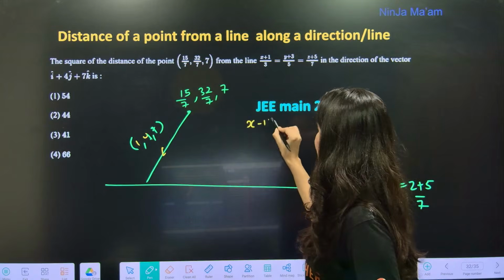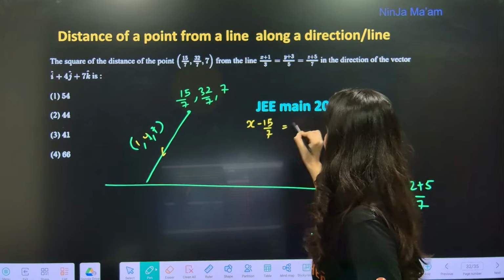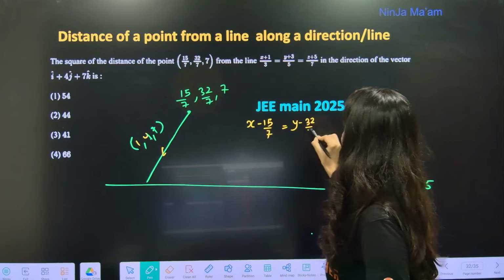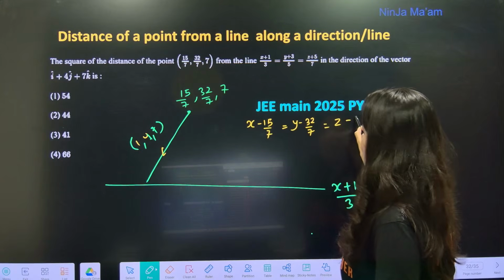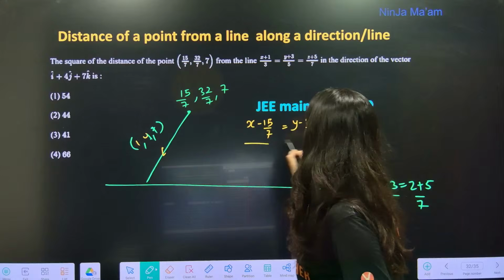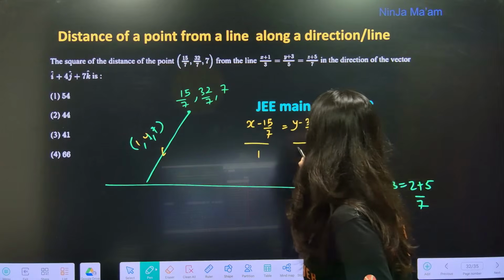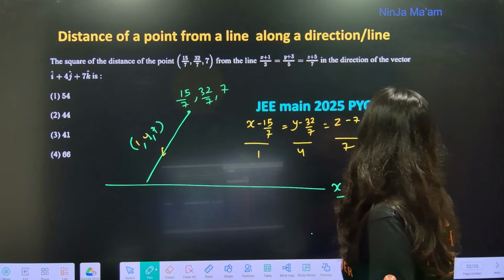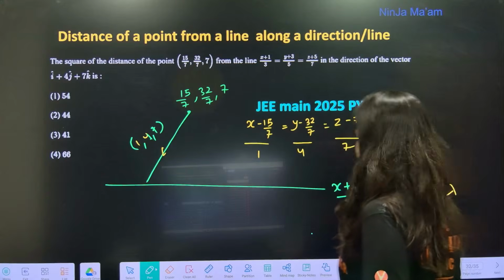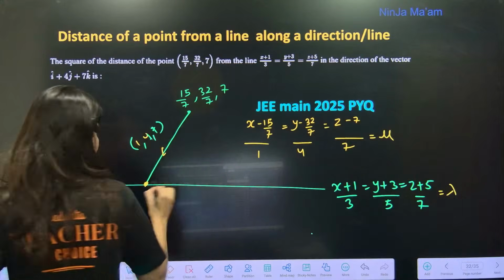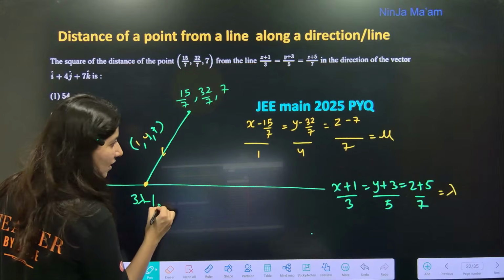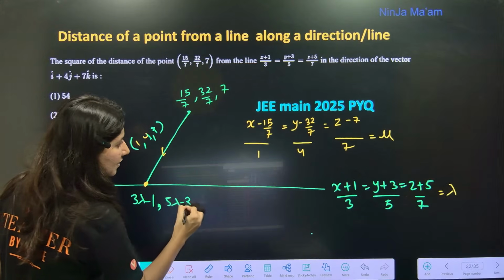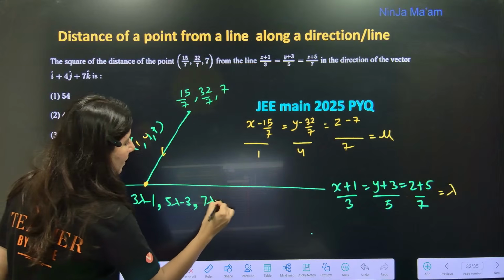X minus 15 by 7, y minus 32 by 7, a little bit lengthy, okay? And z minus 7 upon, this is 1, 4 and 7. This is mu and this is lambda, okay? So now you're looking for this, correct? So find in terms of lambda, 3 lambda minus 1, comma 5 lambda minus 3, 7 lambda minus 5.